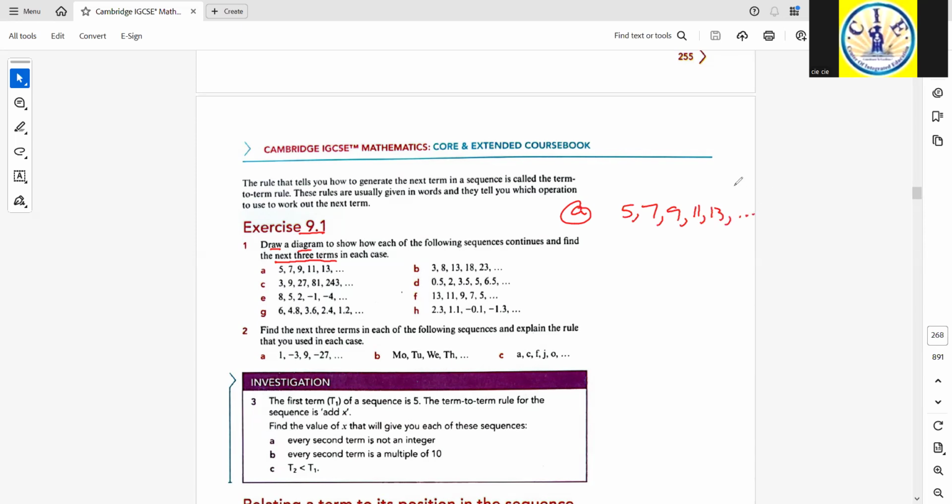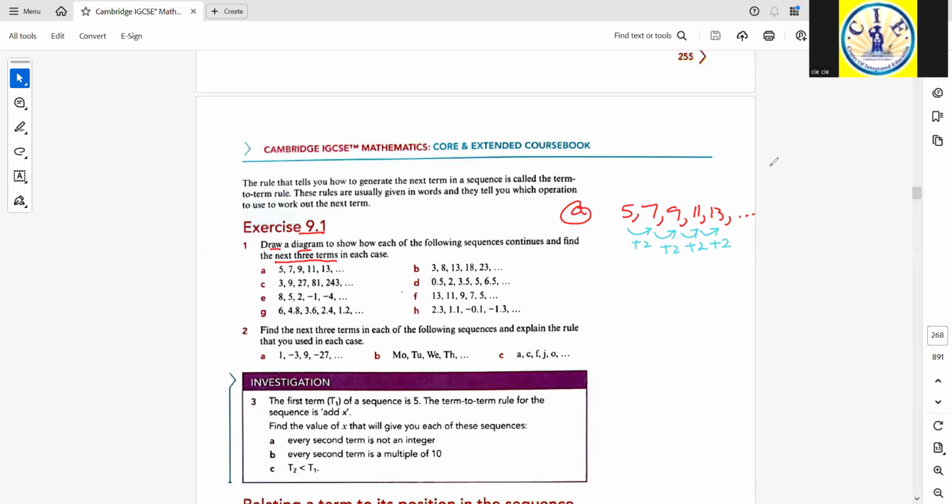In this case, we can see that this is plus 2, this is plus 2, plus 2. This is how we are getting each next term and so on.